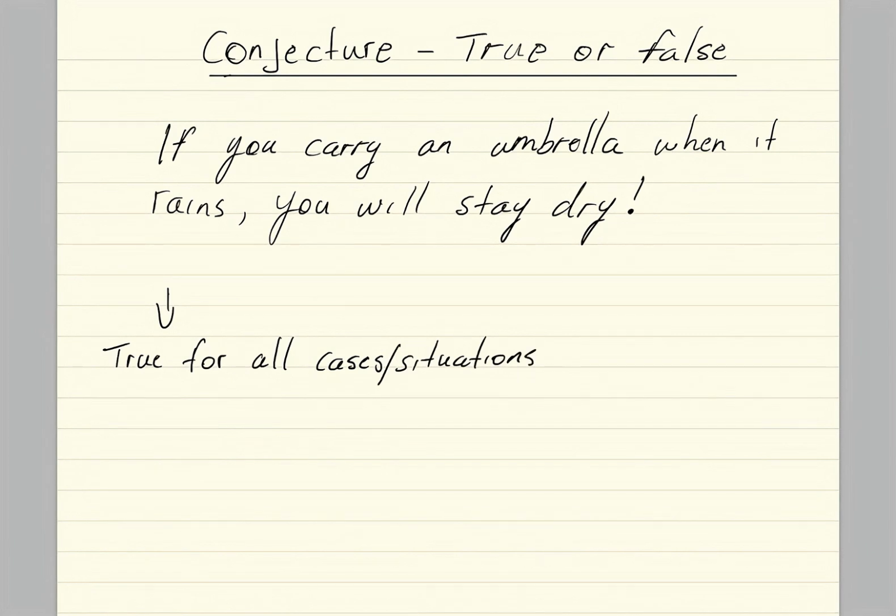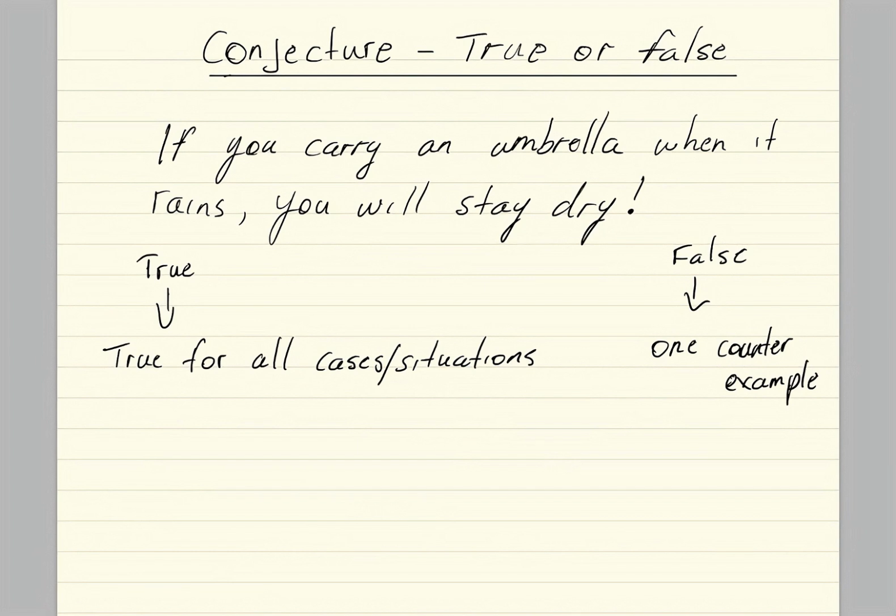And then to show that a conjecture is false, just going to put true here, put false here, you need to provide one counterexample. So essentially, you need to give one example showing that it is actually false.